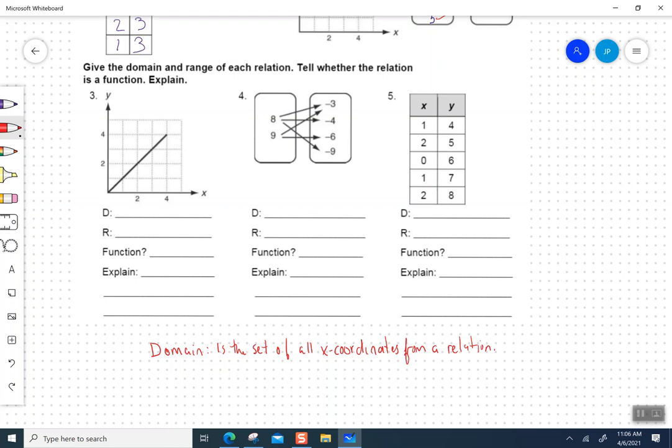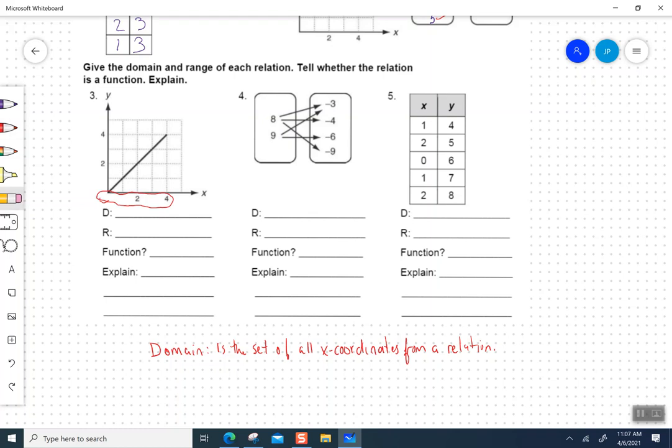Okay, so that means I just need all the x's. So let's look at all the x's. If I'm looking closely, here's my x's right here. So what I want to do is pull all these numbers right here, but only where the graph exists.